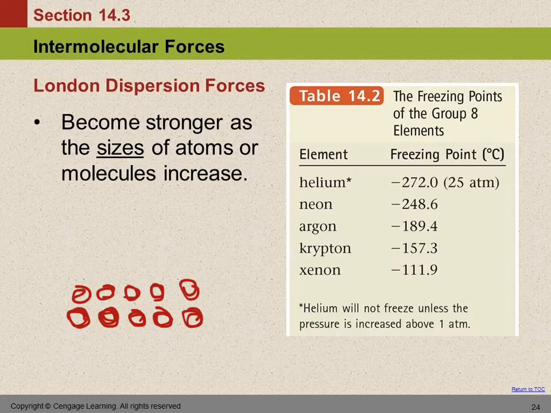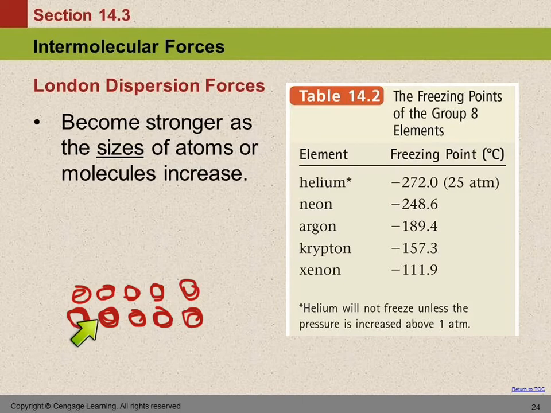Now, when it moves away from, like this guy right here, he's being attracted to the ones around it. When he has enough energy to get away from those and move, he's going to be attracted by other ones, and so he's not going to fly off into the gas state, but he's going to be able to move. So as we increase the temperature, they're able to break the intermolecular forces.